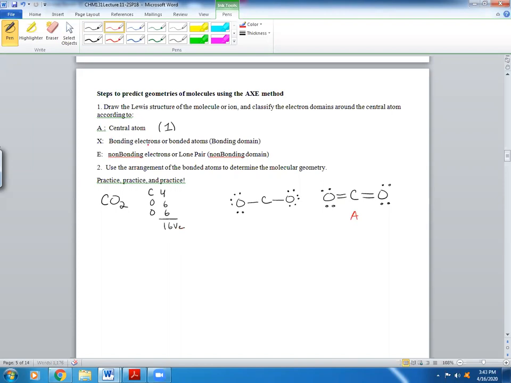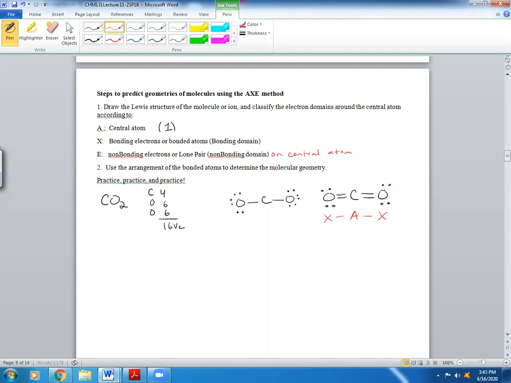X is the bonded atoms. Well, how many atoms are around the central atom? How many atoms are around carbon? You have 1, 2. 2 atoms, X and X. E stands for electrons. How many non-bonding pairs or lone pairs are on the central atom?